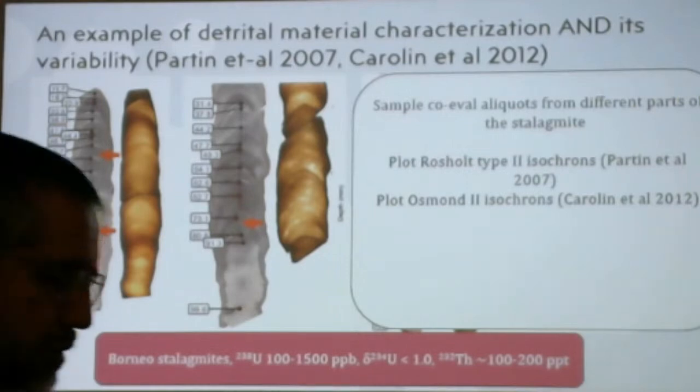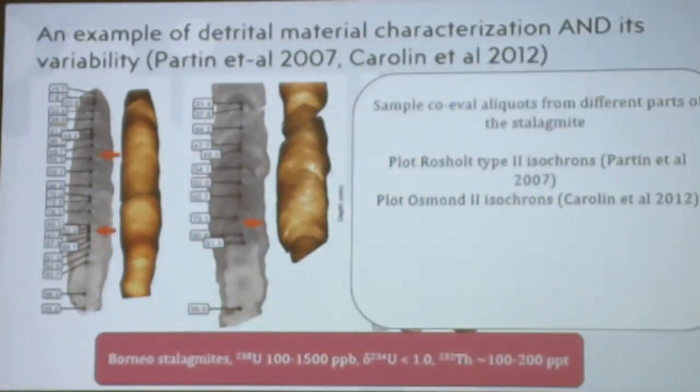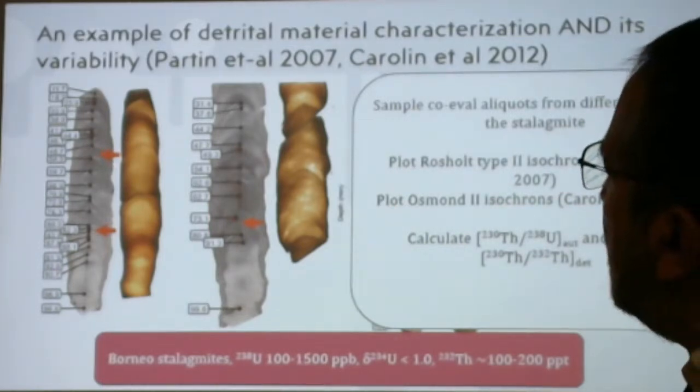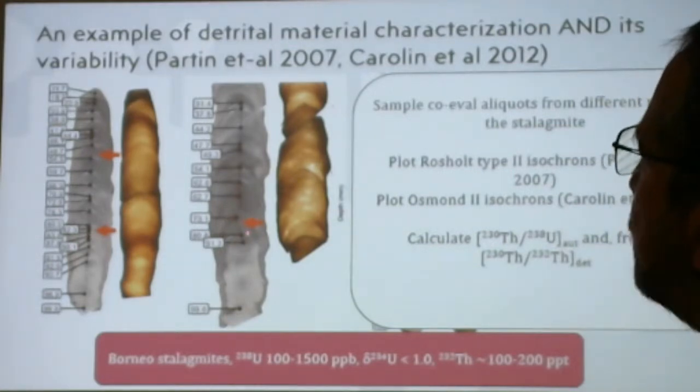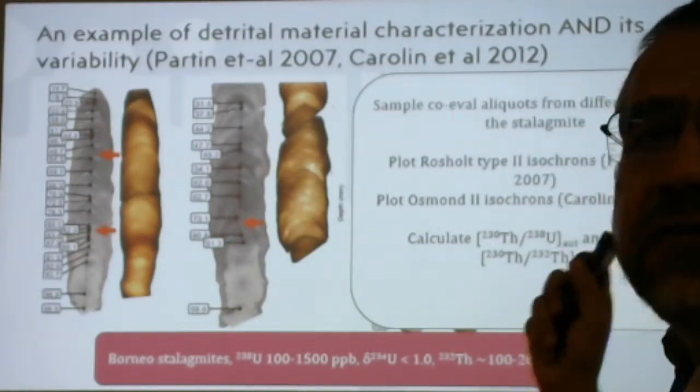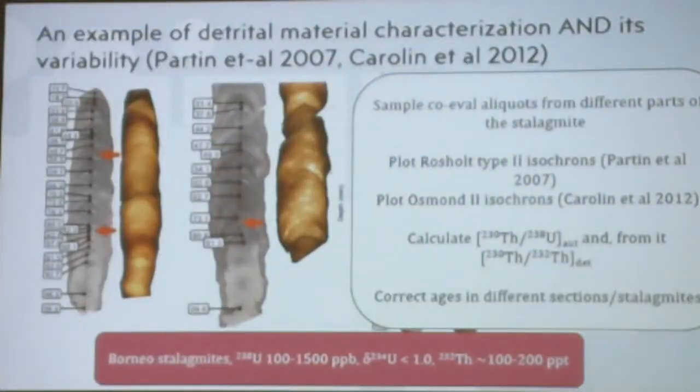And Partin plotted Rosholt type isochrons, while Carolin plotted Osmond type 2 isochrons to calculate the isotopic composition of the detrital material. But this is the isotopic composition of the detrital material here, here, and here. It is not the isotopic composition of all the stalagmites. But with this composition, they can calculate the thorium-230/232 for the detrital material, and they can see how different it is in different parts of the stalagmites.